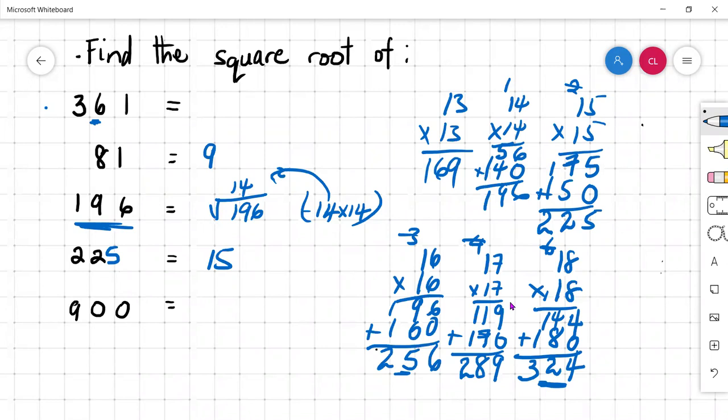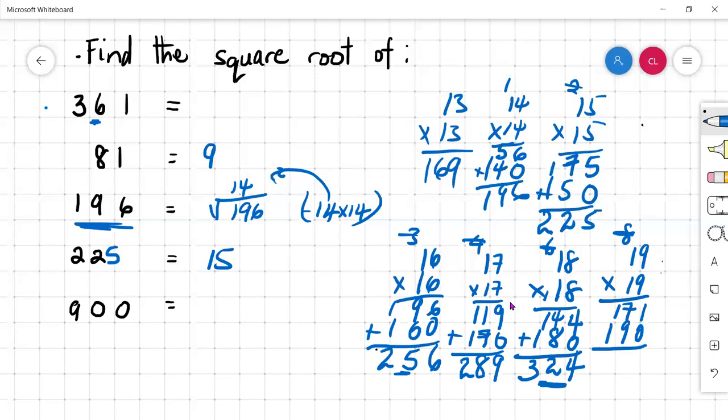True? Yes, sir. Let's try 19. All right, 19. So 9 nines would give me 81, right? 1 and carry the 8. 9 ones 9. 9 plus 8 would give me 17. All right, placeholder, cross this. 1 times 9 is 9, and 1 times 1 is 1.